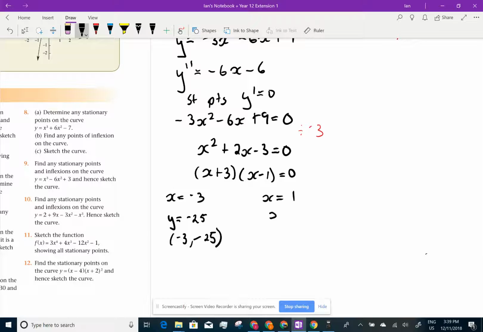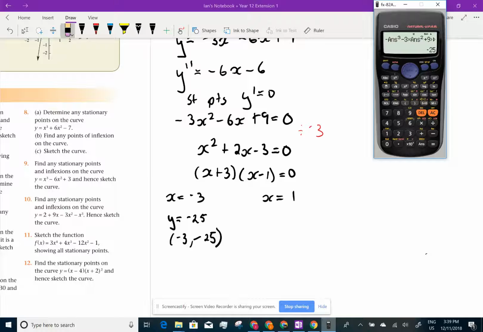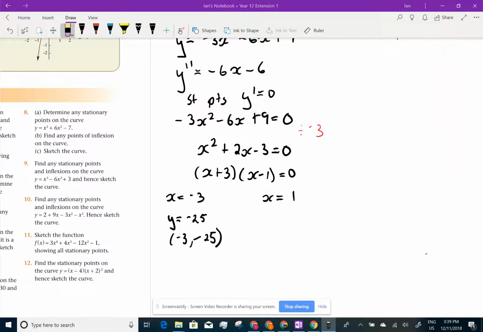And over here I get x equals 1. So the beauty of having already done that, if I just put 1 equals, there it is now my answer, go up, press equals, and I get 7. So over here I get y equals 7. I get 1 and 7.